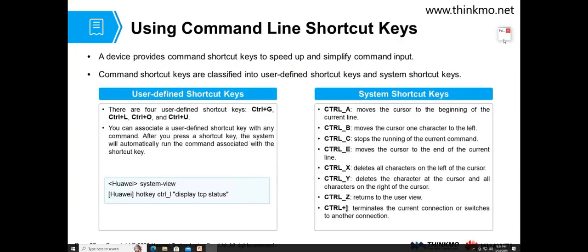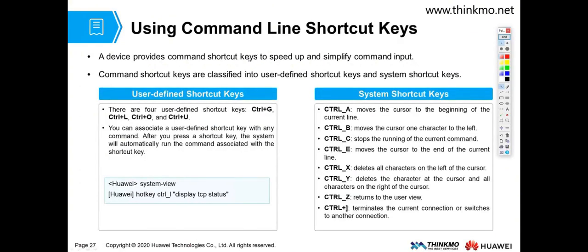Besides those mentioned earlier, I also told everyone that our device actually provides shortcut keys, allowing us to speed up and simplify the input of commands. Command shortcuts are divided into customizable ones and some that are built into the system. If you want to customize a shortcut here, there are 4 user-definable options, such as Ctrl plus G, L, O, U. We can combine this user-defined shortcut key with any command.